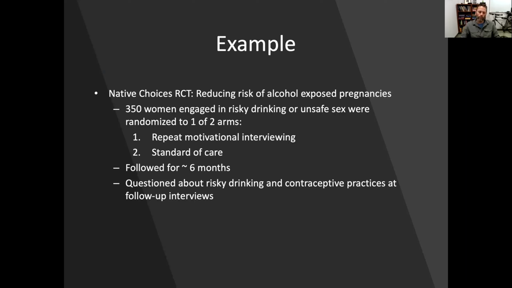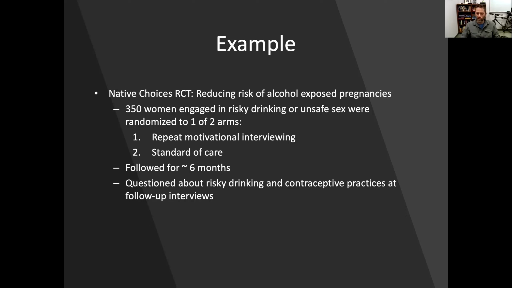Women were randomized to one of two arms. The first arm, which is the intervention, was repeat motivational interviewing to try to entice women to not engage in risky drinking or to increase the prevalence of safe sex. The other arm of the trial was just standard of care. They were given some pamphlets on the outcomes of alcohol-exposed pregnancies, but that was it.